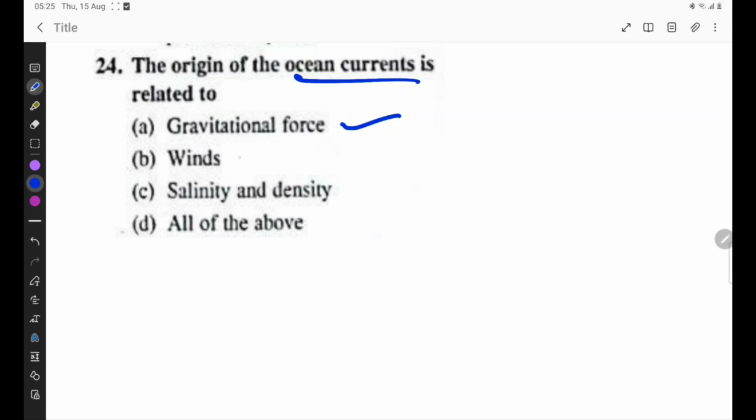Then winds are also affecting the direction and speed of water current. Salinity and density also. Since these three factors affect the water currents, the right answer is option D, all of the above.